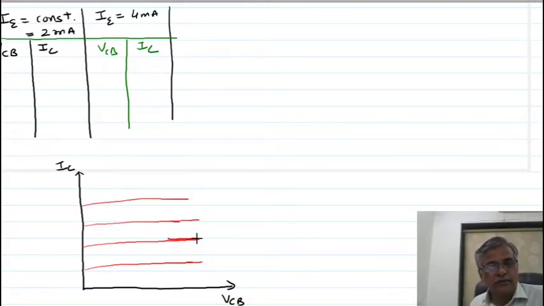The graph of output collector current with output collector base voltage is shown in the figure for different values of input current. I am showing you this for different values of input.